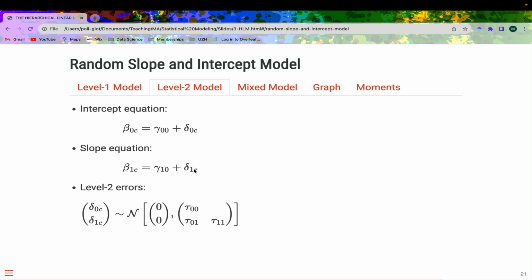And that means that our distributional assumption is going to get a little bit more complicated. We're going to now say that the joint distribution of delta 0c and delta 1c is a bivariate normal distribution in this case. We're still going to assume that each error term has a mean of 0, but instead of specifying just variances for each of these error terms, we now have to specify a full covariance matrix.